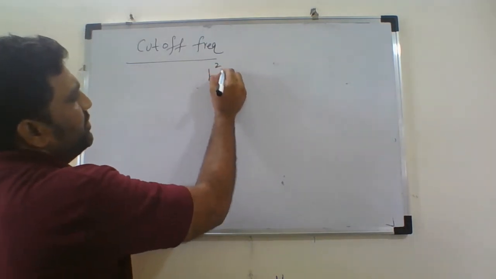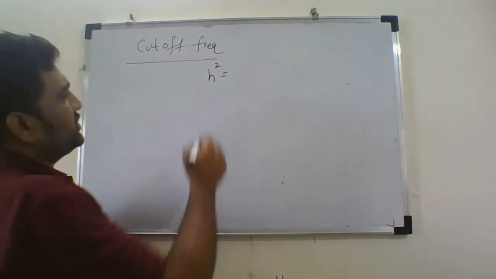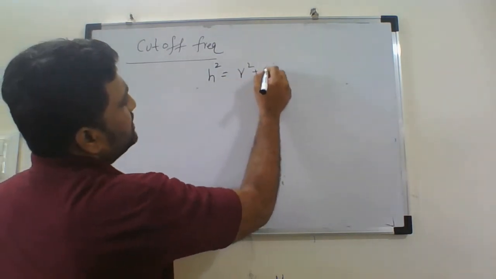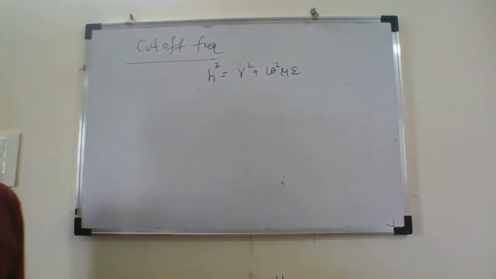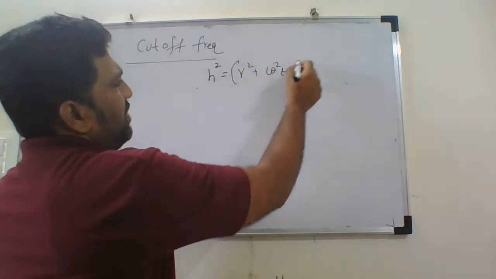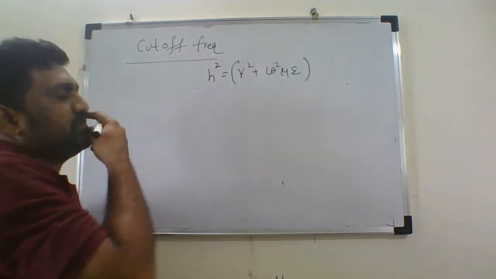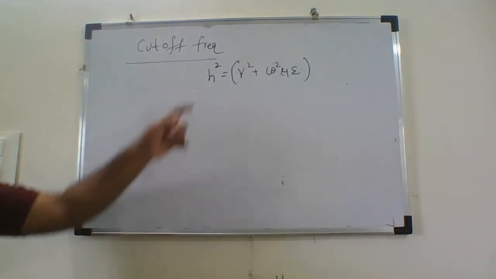That constant is represented as h squared. So h squared is equal to gamma squared plus omega squared mu epsilon, if you remember. We assumed the value of gamma squared plus omega squared mu epsilon as some constant, which is h squared.